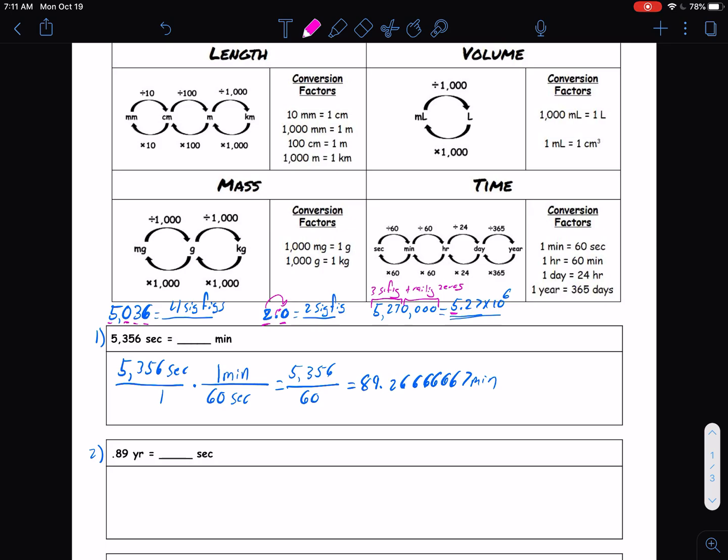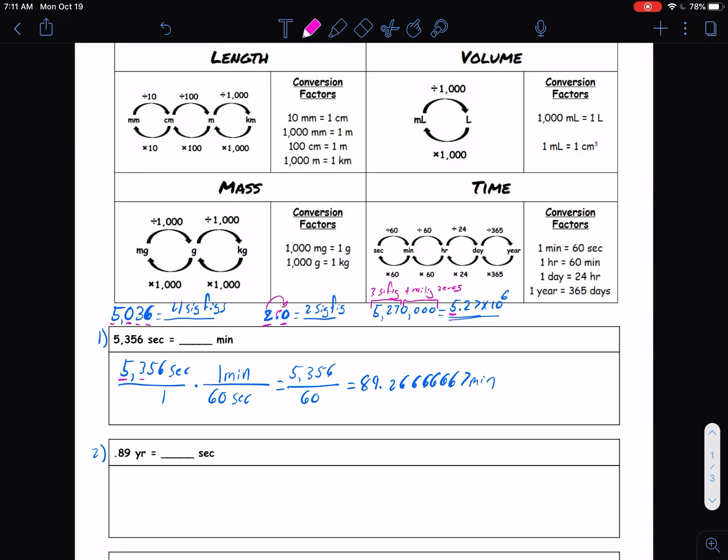So we're going to have to round this to the proper number of sig figs. So there's 1, 2, 3, 4 sig figs. Now remember, with significant figures, the conversion factors do not play any part in the sig fig calculations whatsoever.